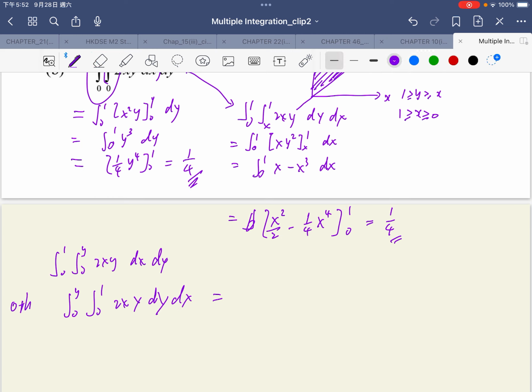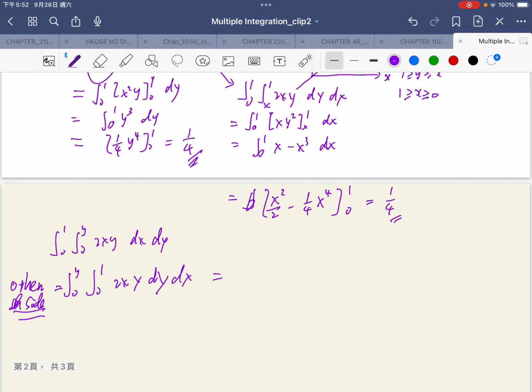On the other side, we first integrate y, then x y squared, 0 and 1.